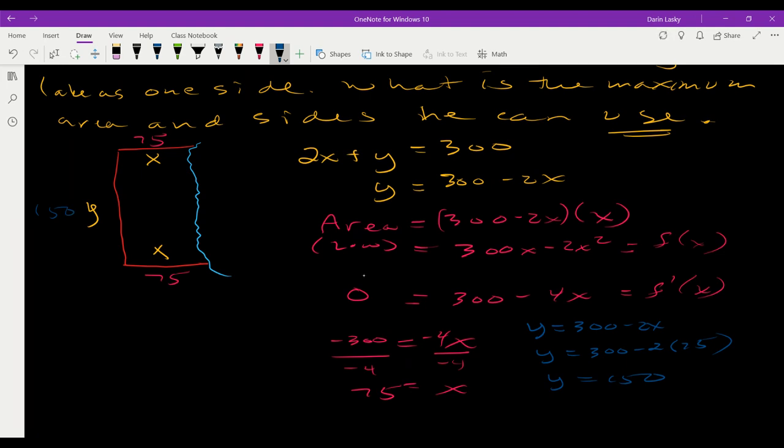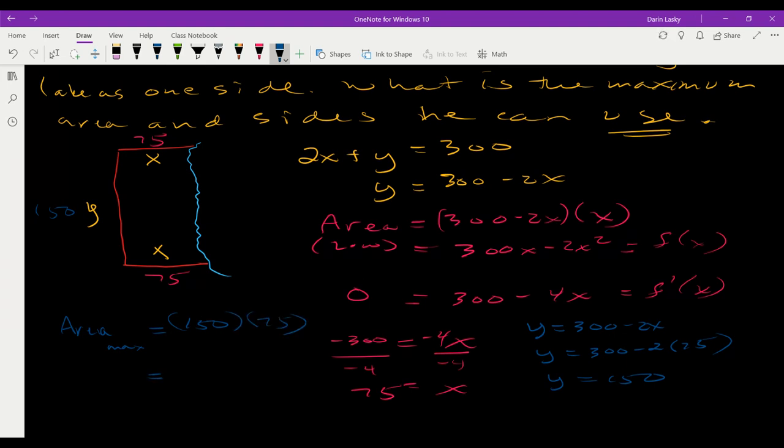So what is the maximum area? Well, the maximum area is equal to 150 times 75.